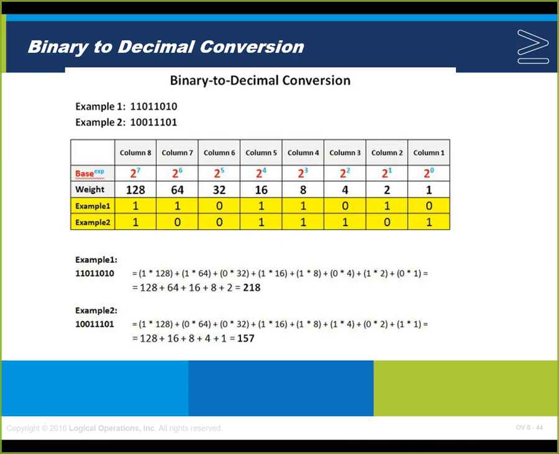The advantage of binary is you only have to be able to multiply by 2. So we have 1, 2, 4, 8, 16, 32, 64, 128. That's the value of each of those placeholders.